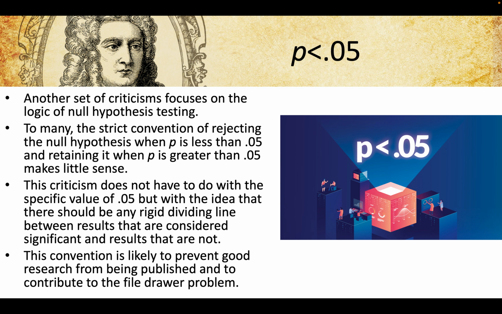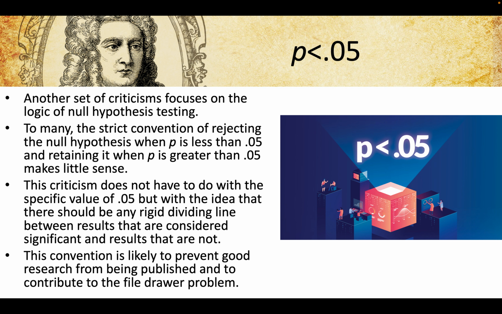Another set of criticisms focuses on the logic of null hypothesis testing. To many, the strict convention of rejecting the null hypothesis when p is less than 0.05 and retaining it when p is greater than 0.05 makes little sense. I'm sorry, I got the hiccups.